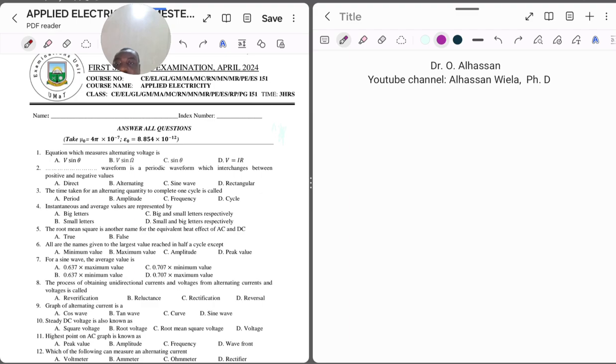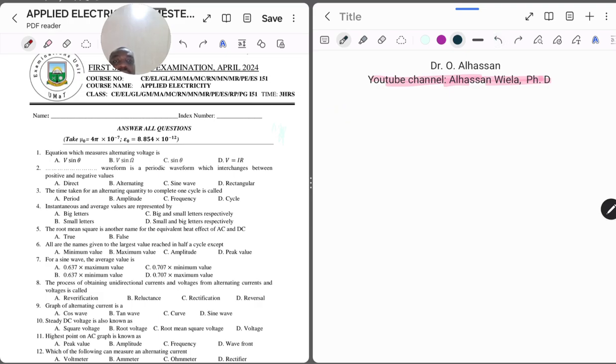When you have an equation, this is just to tell you which of these equations is an alternating voltage. So if you have an alternating voltage, we know the general expression is what?